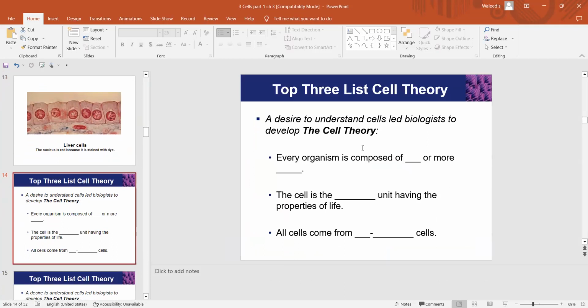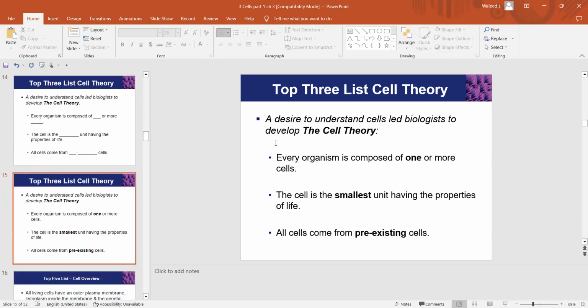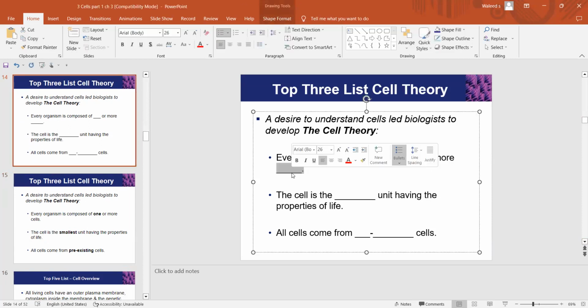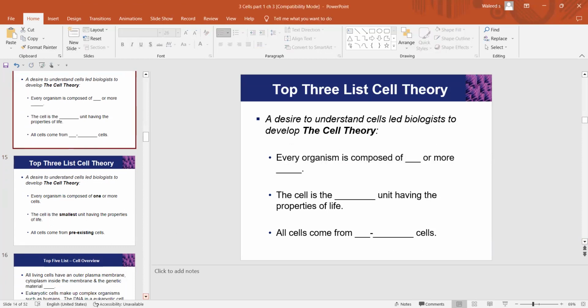So here is the cell theory. Again, this is like the third or the fourth time to see it. Obviously, it's extremely important. What do you guys think? Every organism is composed of? Does anybody know? One or more. Yeah, one or more. What? Cells? Cells, yes.